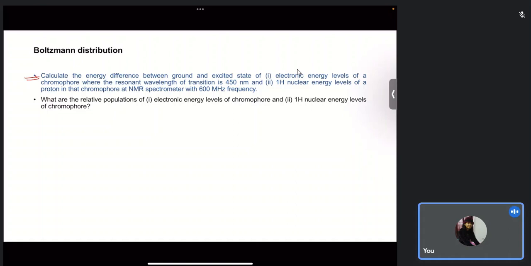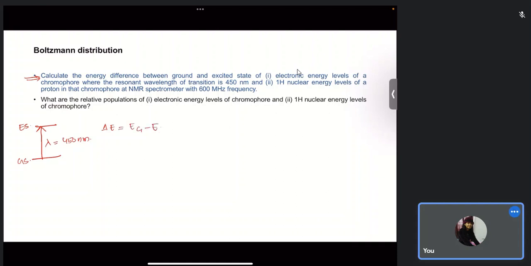So there is an electronic ground state and an electronic excited state, and the transition between them is resonant to a wavelength of 450 nanometer. What is the energy difference associated with it?